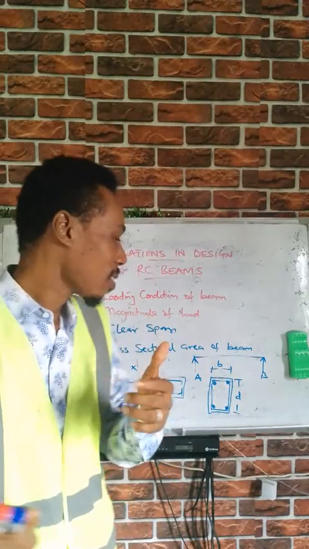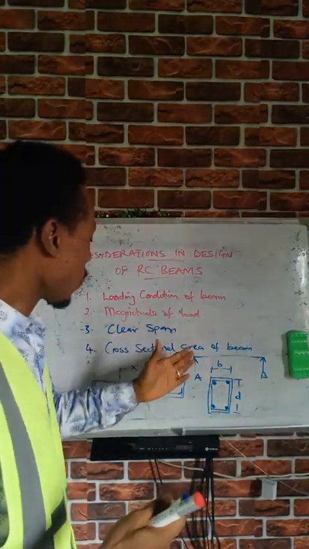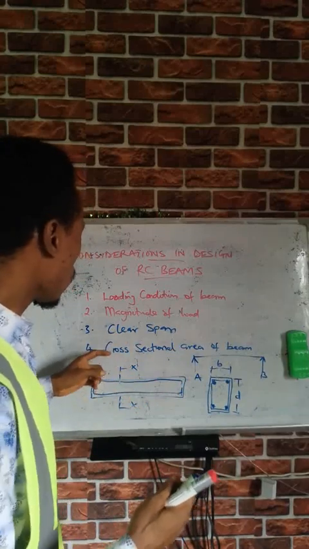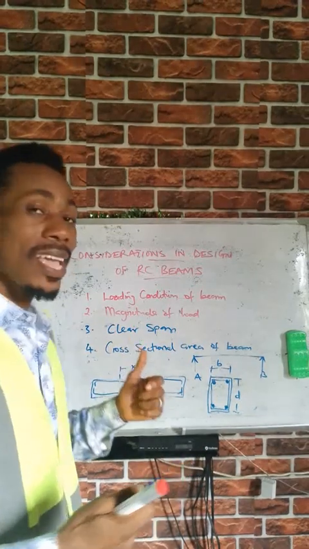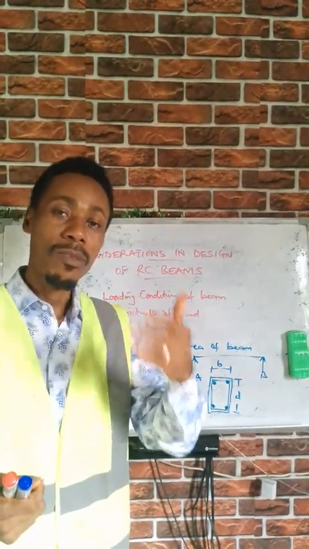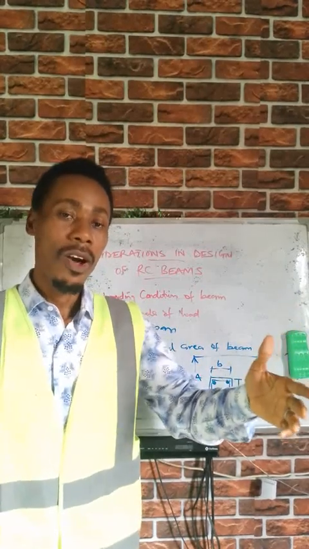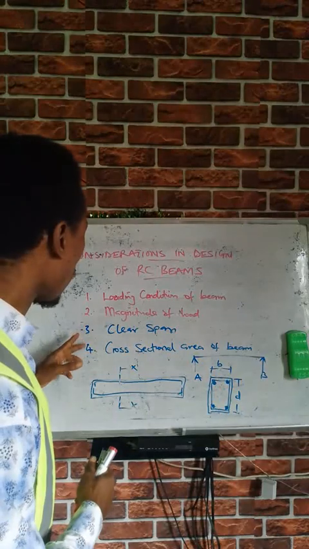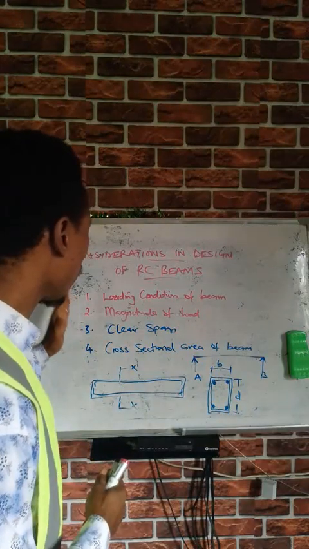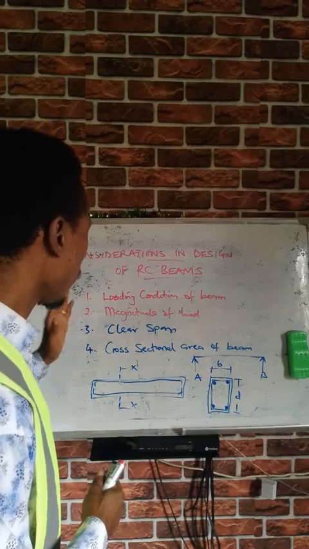So what it means is that when you have a larger span of beam, if you give it a good sufficient depth, it can actually sustain that anticipated load, irrespective of the span. So you have to take note of that. These are some of the considerations you have to make as regards your beam design.